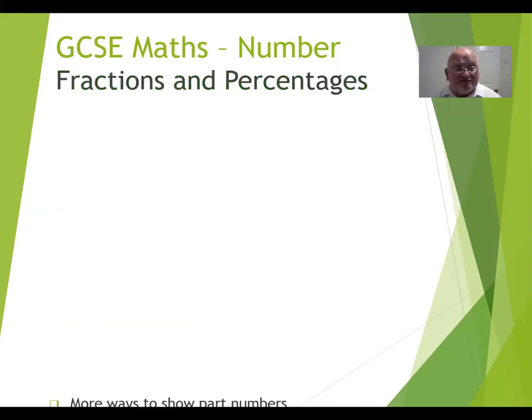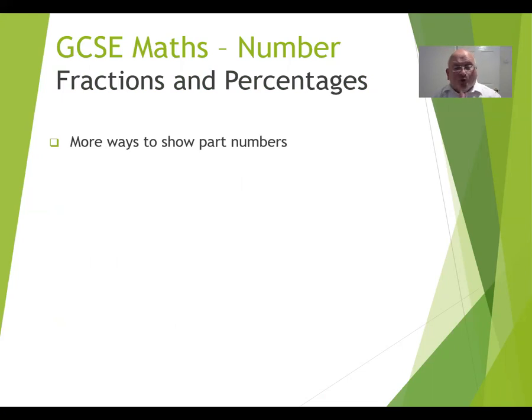Right then, fractions and percentages. These are more ways of showing part numbers. When we talked about decimals, I showed you that 5 after the point is a way of writing, well, half. I more or less gave the game away there. Half is a fraction, 50% is a percentage. They're just different ways of showing things which are not whole numbers.